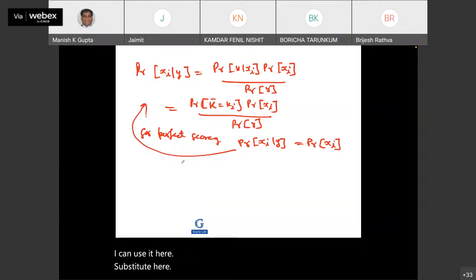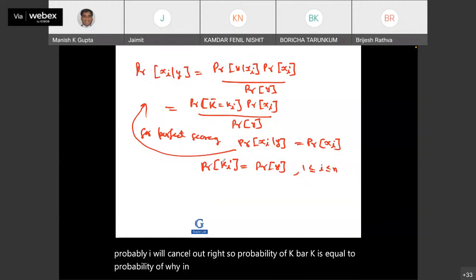This means we will get probability of k_i is equal to probability of y, for 1 less than or equal to i less than or equal to n, right? Because when you substitute here, this probability of x_i will cancel out. So probability of K equal to k_i is equal to probability of y. In other words, probability of k_i is equal to probability of y.